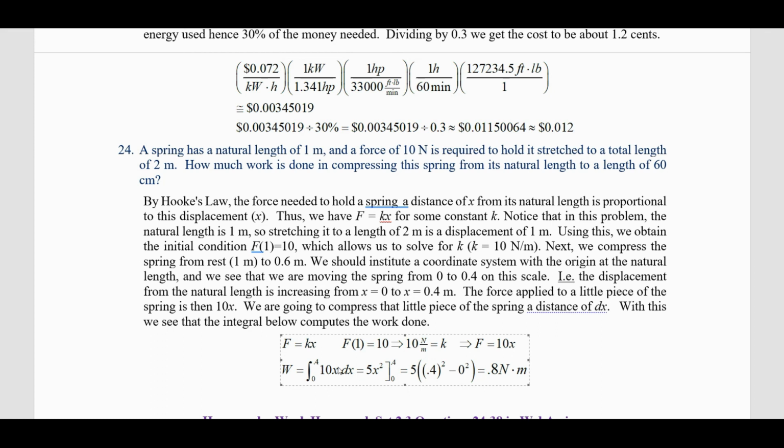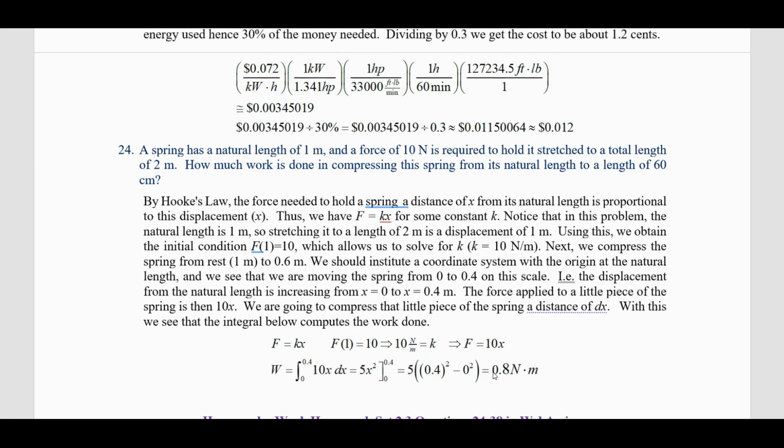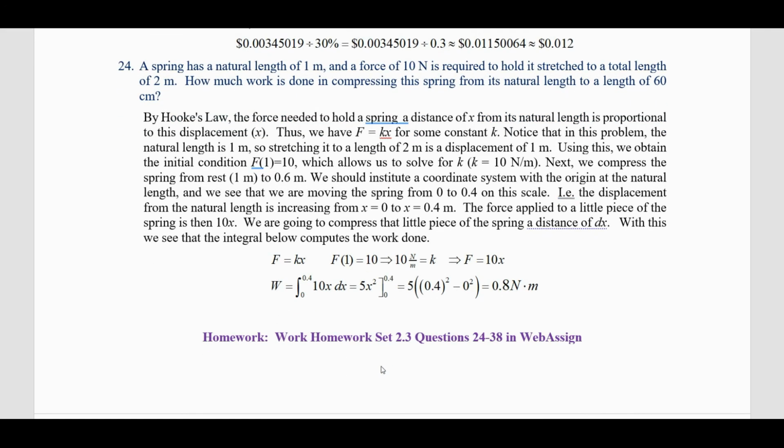Well, that's pretty easy. Add 1 to the power, divide by the new power. It's 5x squared, evaluated from 0 to 0.4. That's 0.4 squared minus 0 squared, times 5, which is 0.8. So it's 0.8 newton-meters.